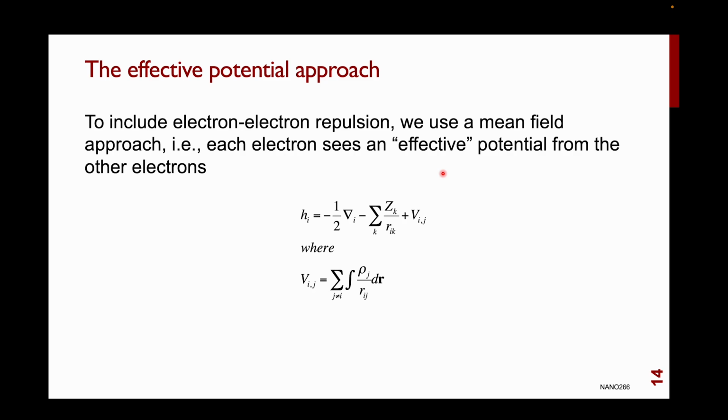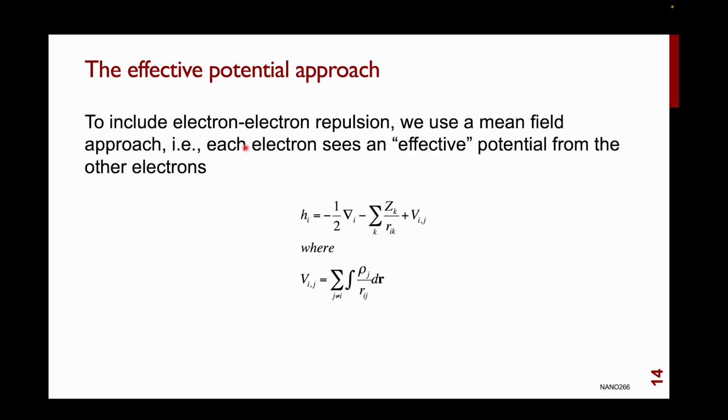So in the Hartree-Fock approach, what you do is use what is called an effective potential approach. To include the electron repulsion, we think of each electron as seeing an effective potential from the other electrons that is not itself.